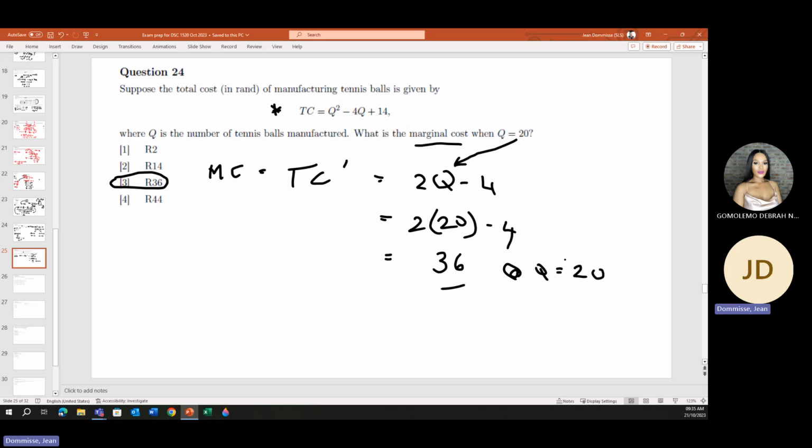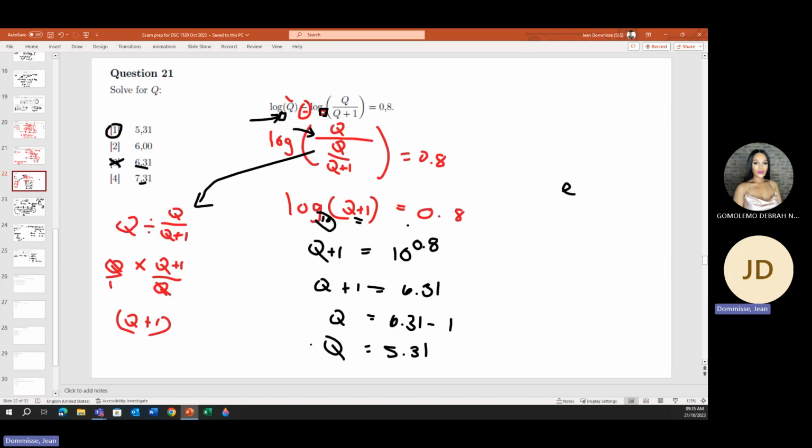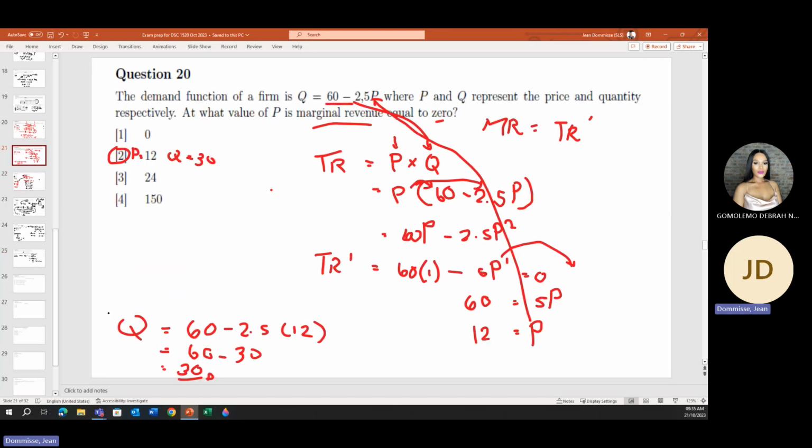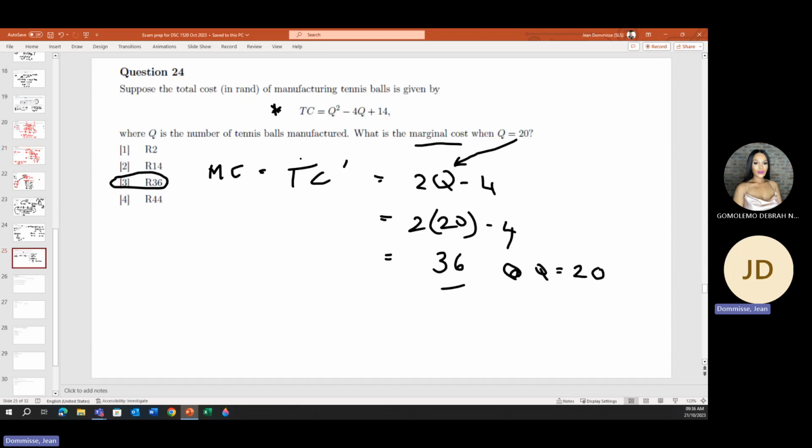Okay, so what we basically did here, compared to some of the previous instances, is that we went a step further. In this instance, we actually worked out what your marginal cost is.